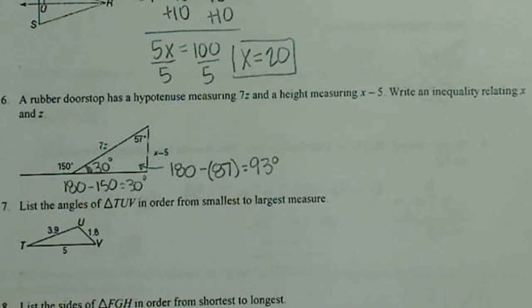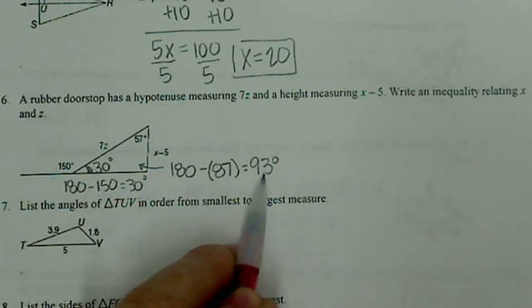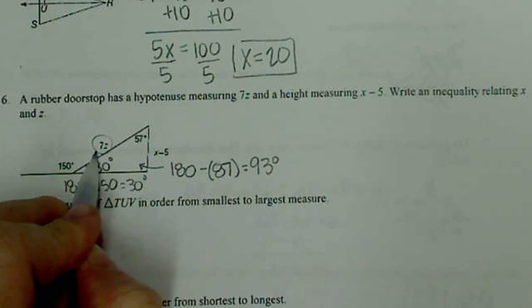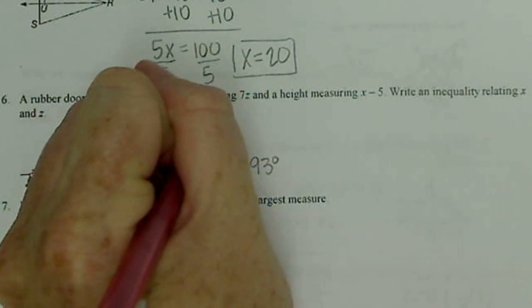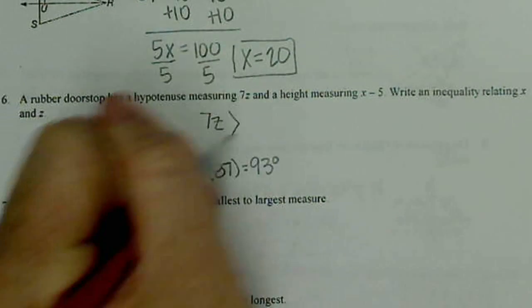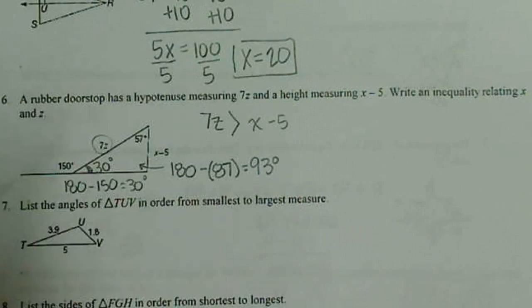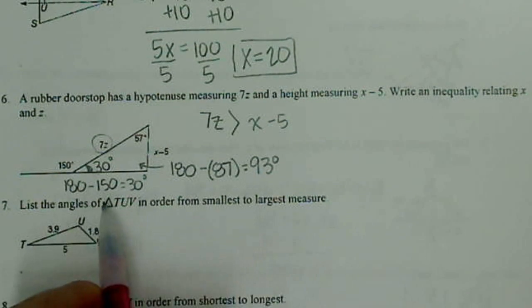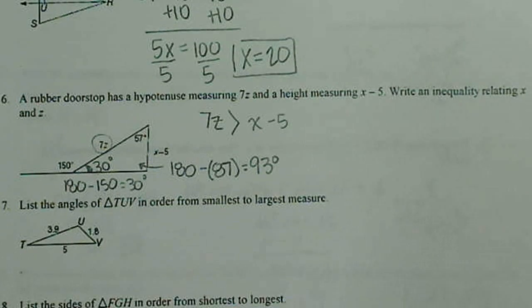Which gives you 93 degrees. So using our angle side relationships, which is bigger, 30 or 93? Since 93 is bigger, the side opposite it, 7z, is bigger. So our inequality, 7z is greater than x minus 5. And here's my proof. Angle side relationships.